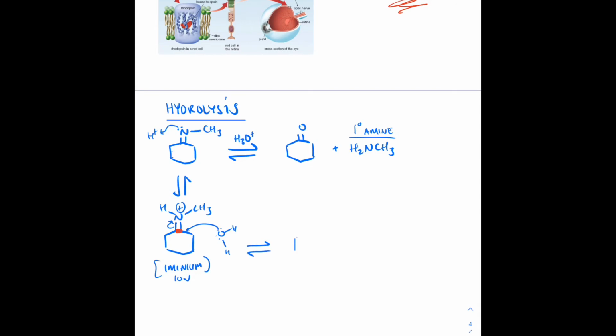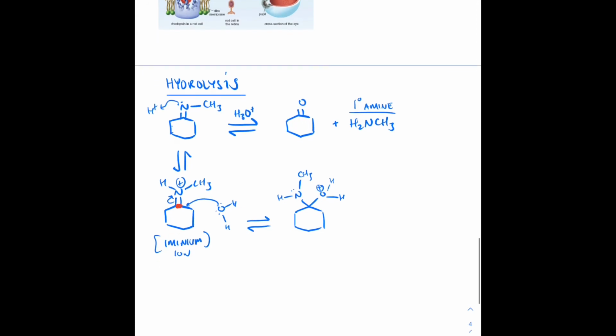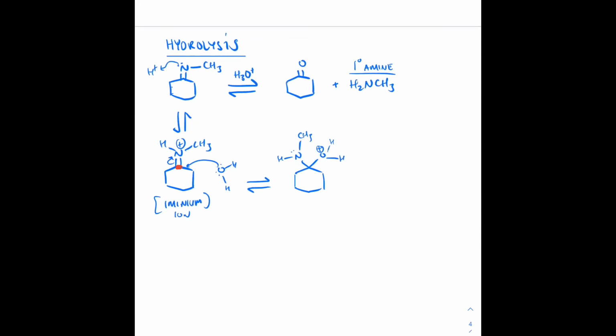And this results in a tetrahedral intermediate, pretty close to our carbinolamine, except that the OH is protonated. Remember, we can undergo a proton transfer, removing hydrogen from the oxygen and then adding a proton to the nitrogen.